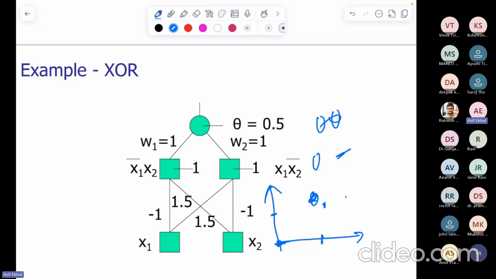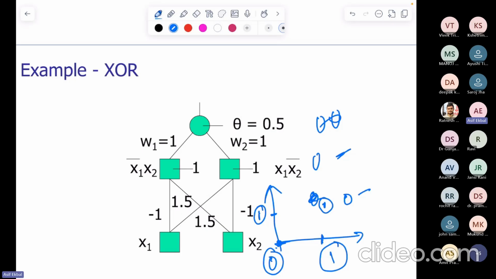Now for 1 1 you have the output 0. For 0 0 you have the output 0. And for this you have output 1, and for this you have output 1. This is how it looks: 1 1 output 0, 0 0 output 0, 0 1 output 1, 1 0 output also 1.